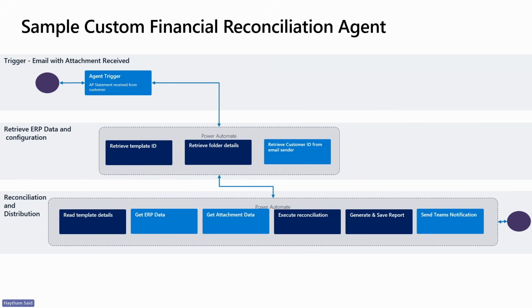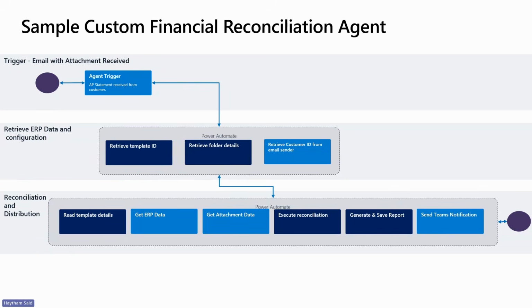Is it FNO and another ERP? Again, anything you can do, as long as there is a connector, you can do it. And the most important and exciting part here is that you can send a notification on Teams, not really an email, and you can create an action to do a specific entry or do any action that you want.